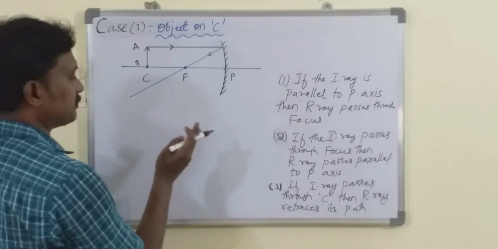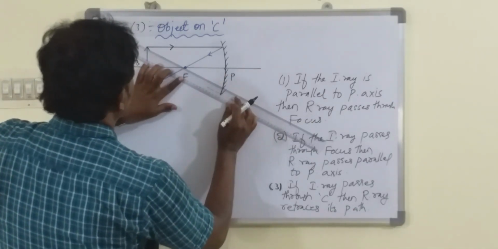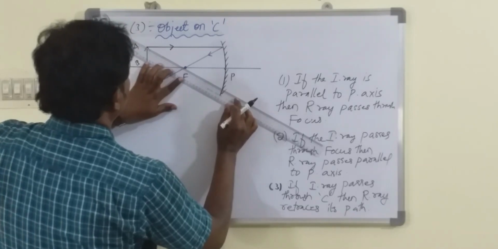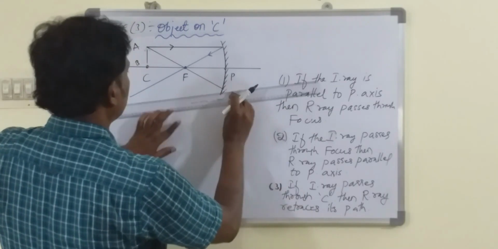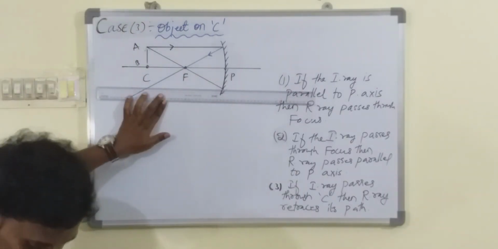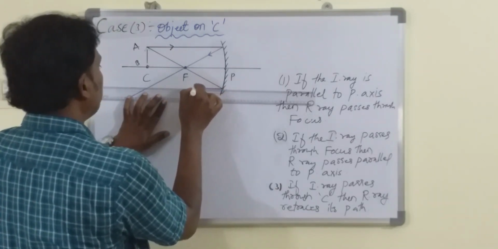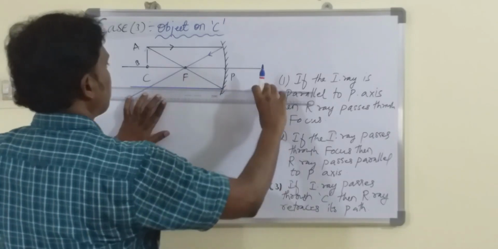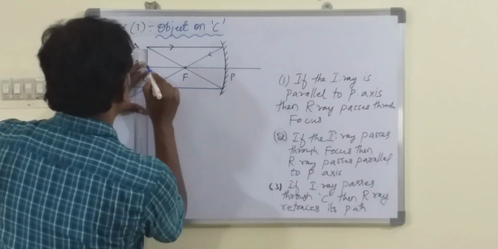In the previous case also we have followed the same rule. Now the reflected light ray is parallel to principal axis. So you are getting the image here.